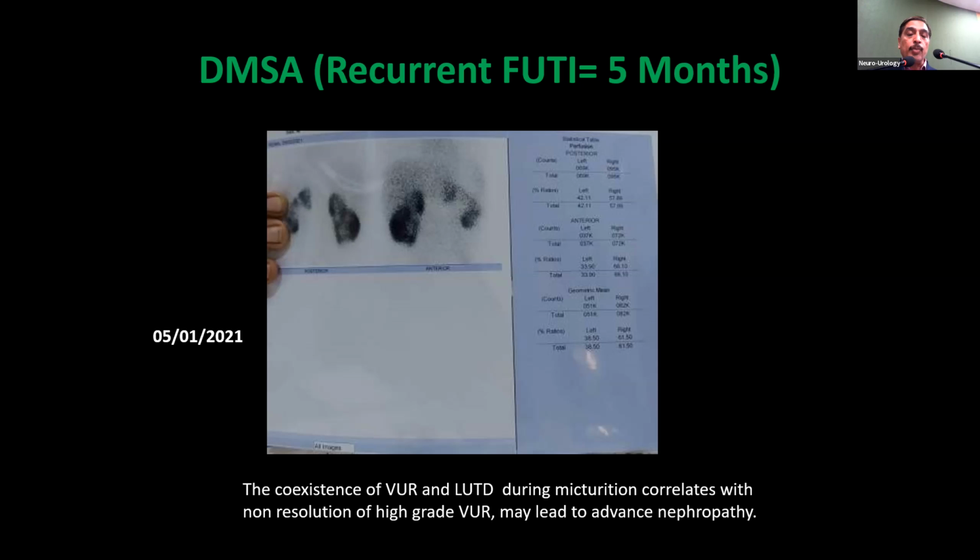And there are a couple of photopenic areas, less uptake areas, without loss of contour, which is representative of acute infection or inflammation, which is either going on or just happened in the last couple of weeks.